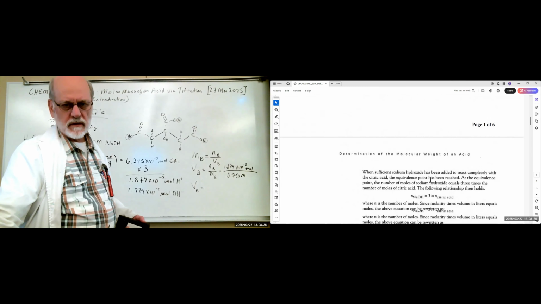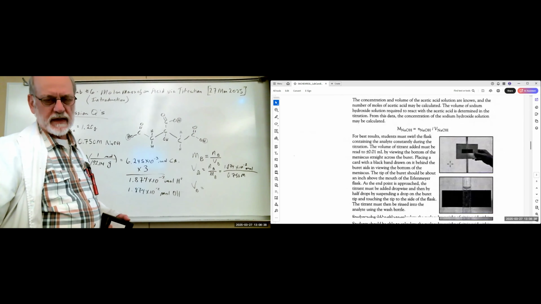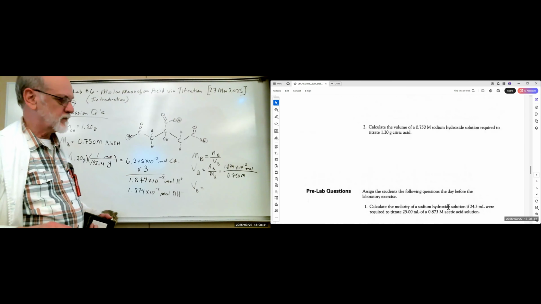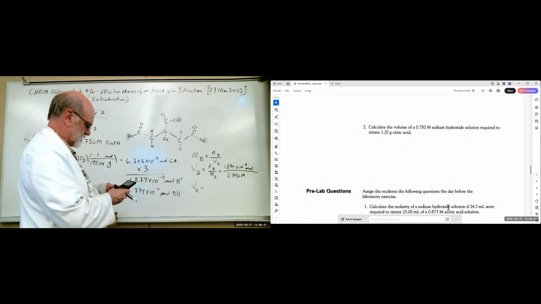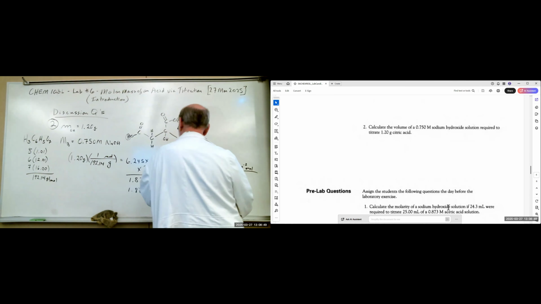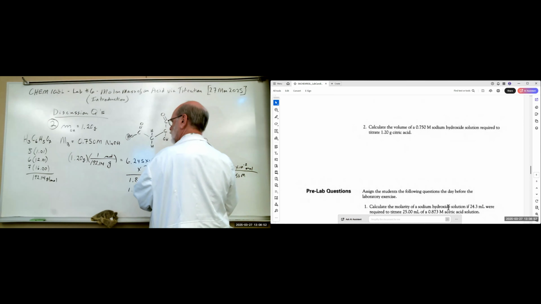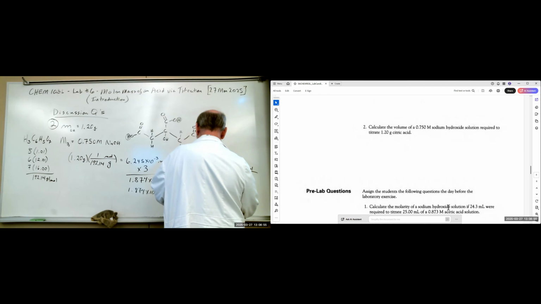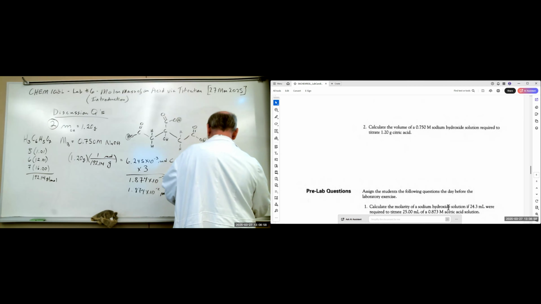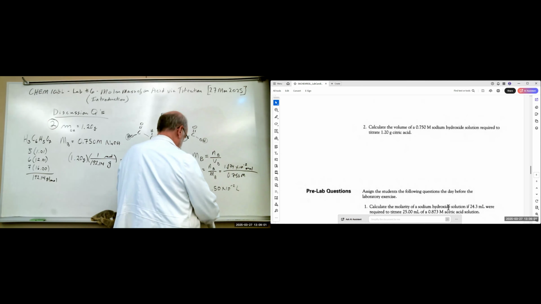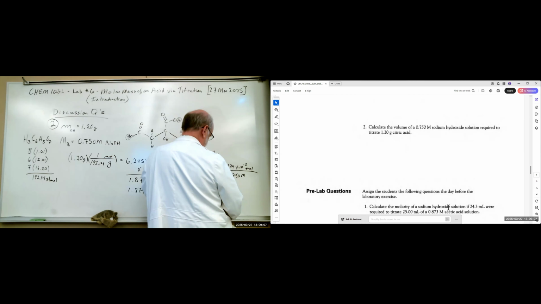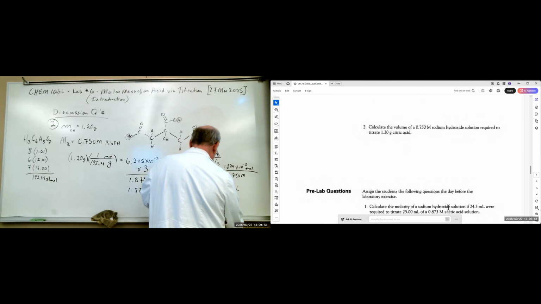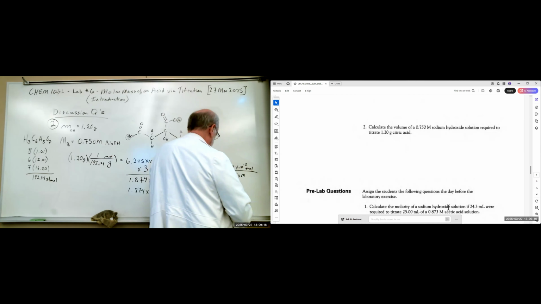So when we answer the question, we'll give it in both ways. I already have this number in here, so I'm going to divide by 0.75. Rounded off to 3 significant figures, I get 2.50 times 10 to the minus 2 liters, or 10 to the third times that, 2.5 times 10 to the first, which would be 25 milliliters.